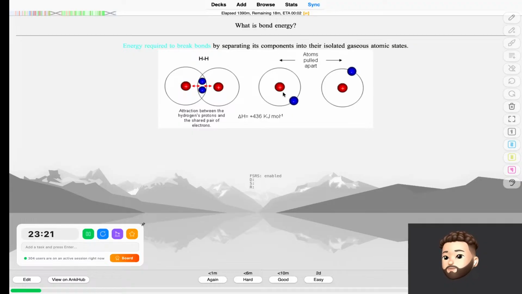Energy required to break bonds by separating its components into their isolated gaseous atomic states.